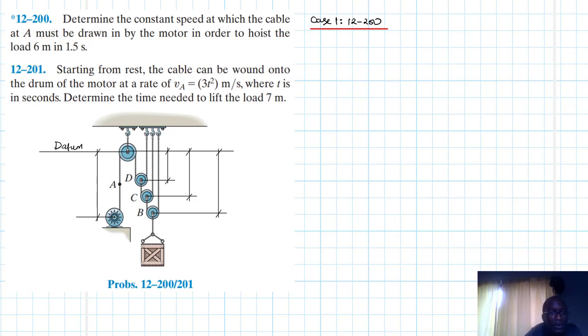So let's call this position SA. Let's call this position SD. We call this position SC, and we call this position SB. But we do have some other parts of the cables that are constant that I'm just going to label.